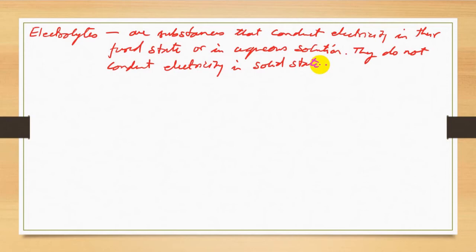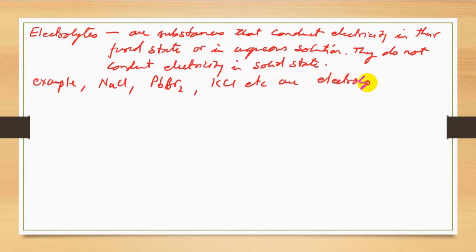An example I can take is sodium chloride. Clear? Sodium chloride, NaCl, lead bromide, potassium chloride, etc. are electrolytes. That means in solid state they don't conduct.